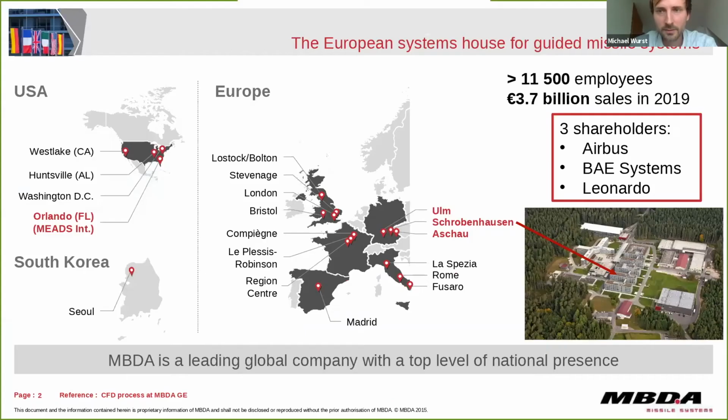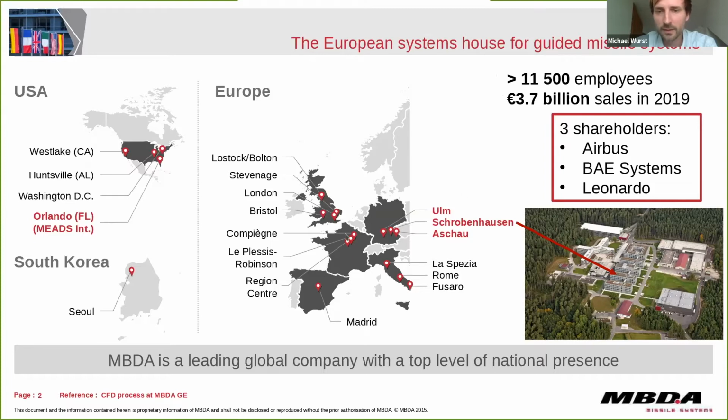So let's start with MBDA. Who are we? We are the European System House for Guided Missiles. We have a strong presence in Europe, especially in the countries of our 3 shareholders, which are Airbus, BAE Systems, and Leonardo.